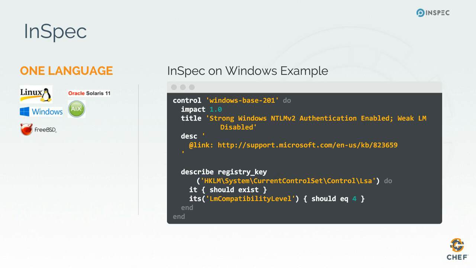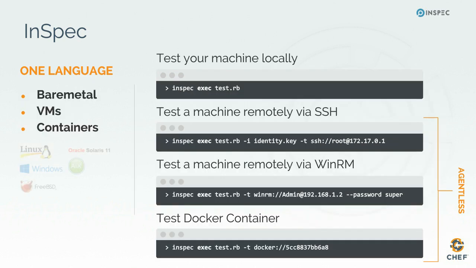But checking systems can be interesting, because you don't always have access to all of them. And so the InSpec binary, the executable that allows us to process this code to test our systems for compliance, allows us to test your machine locally, of course. I can run inspec exec against my Ruby file.